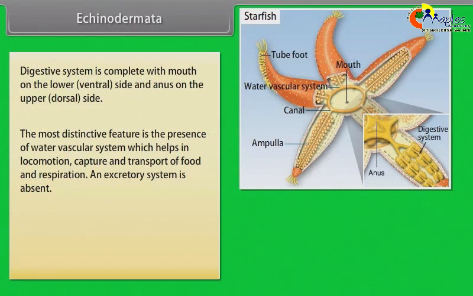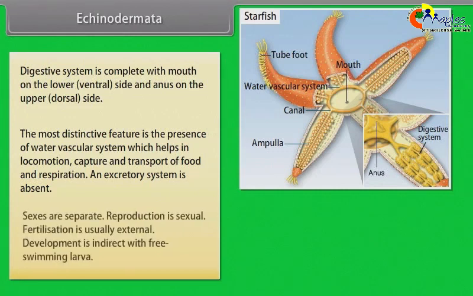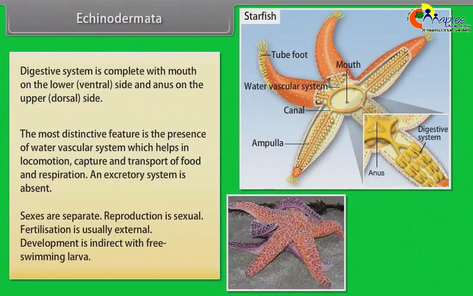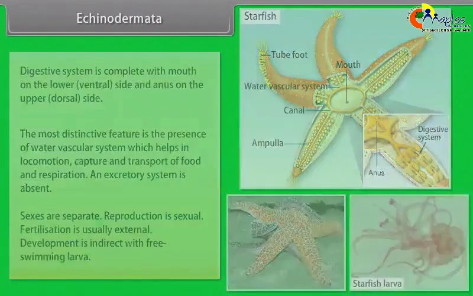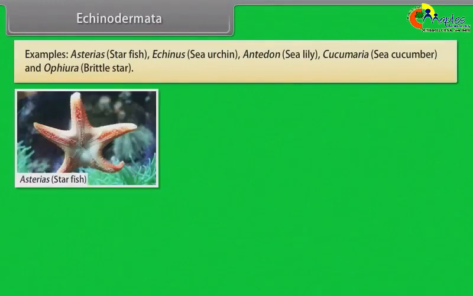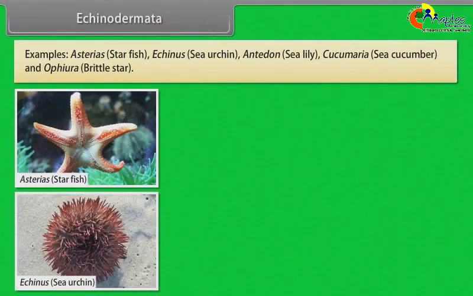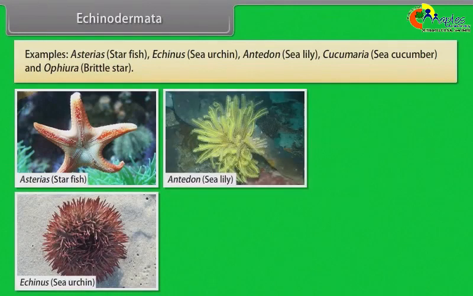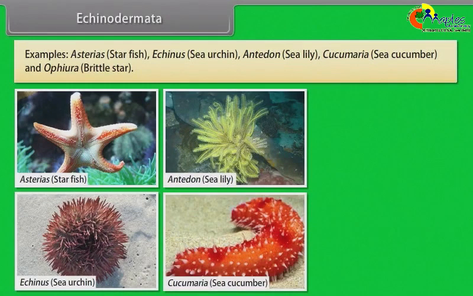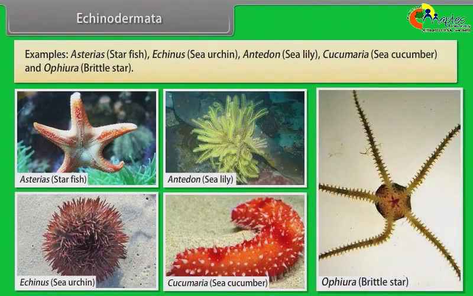An excretory system is absent. Sexes are separate. Reproduction is sexual. Fertilization is usually external. Development is indirect with free-swimming larvae. Examples: Asterias, that is starfish; Echinus, that is sea urchin; Antedon, sea lily; Cucumaria, sea cucumber; and Ophiura, brittle star.